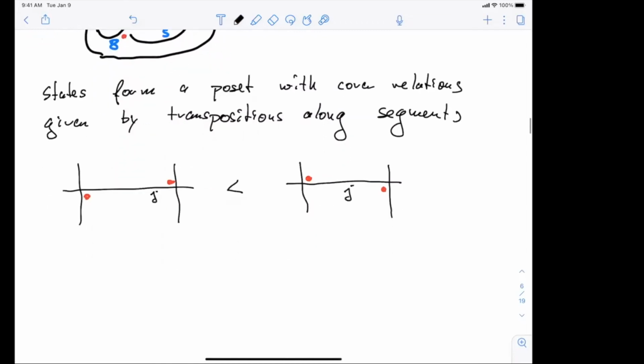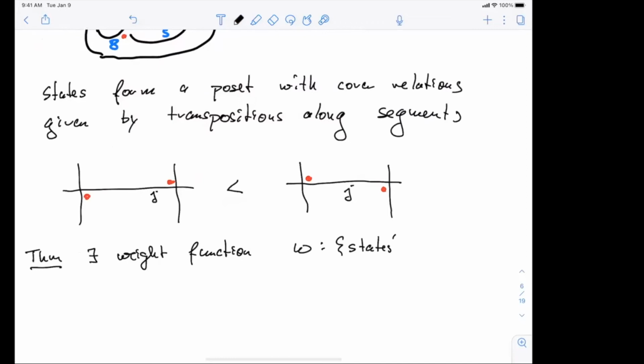And Kauffman's theorem says that there exists a weight function from the set of states to Z, well, the ring for the Alexander polynomial, such that the Alexander polynomial is the weighted sum of all these states.